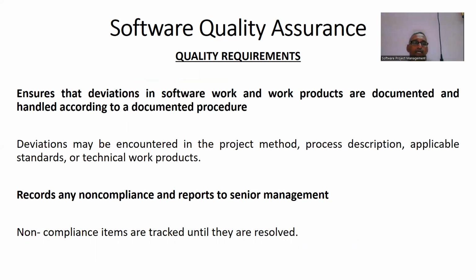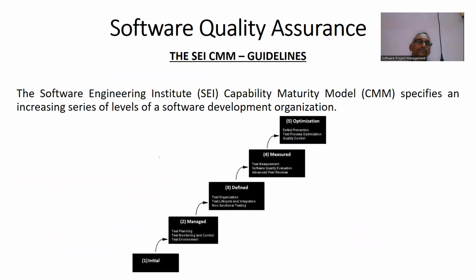Next, we'll move to the SEI CMM guidelines. Now, the Software Engineering Institute Capability Maturity Model, that's CMM, specifies an increasing series of levels of a software development organization.